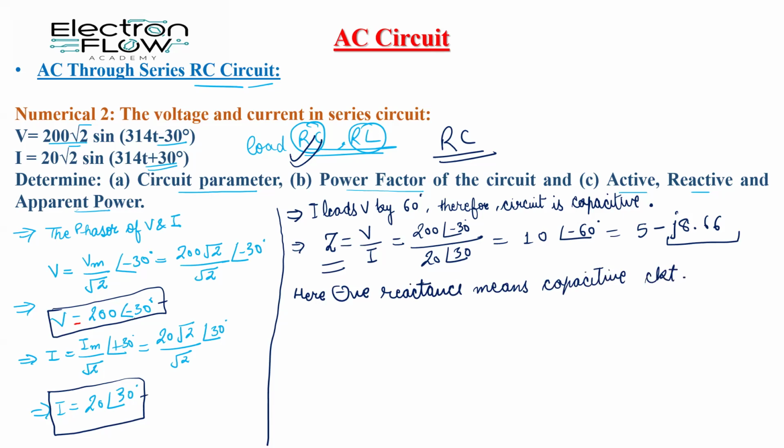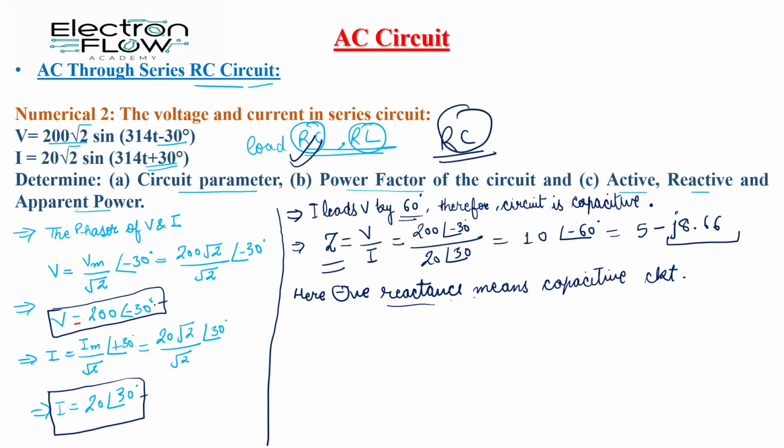So we have checked this twice. The first method is that the current is leading the voltage. The second method is that we get a negative value of the reactance. That means it is a capacitive circuit, an RC type of circuit.